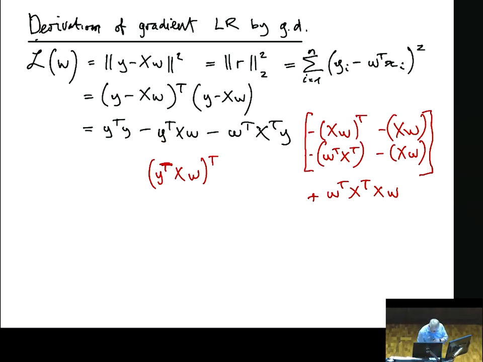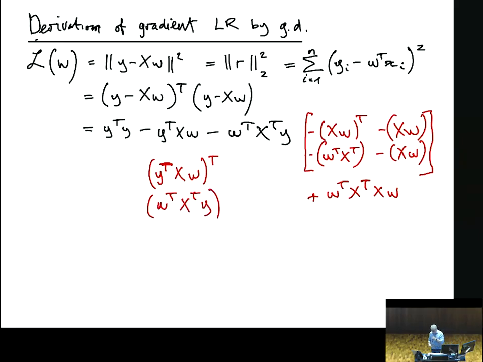Then I apply the same rule that I did before, because I'm taking a transpose. So what do I need? Okay, this is what I need: w transpose x transpose y. Leave that in a bracket.